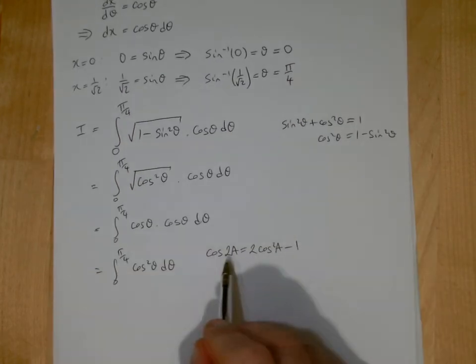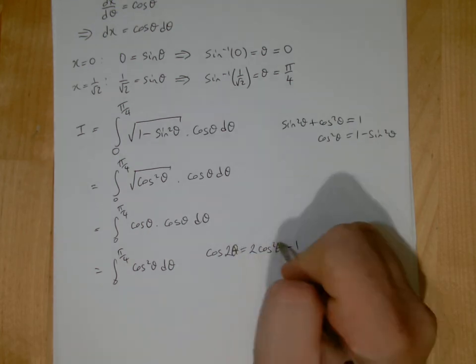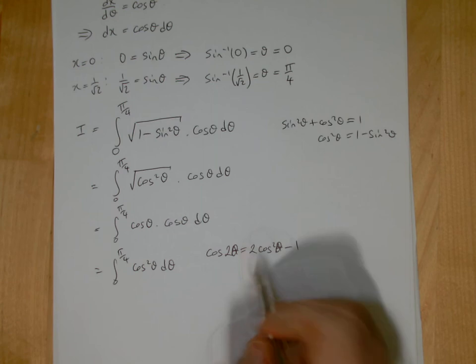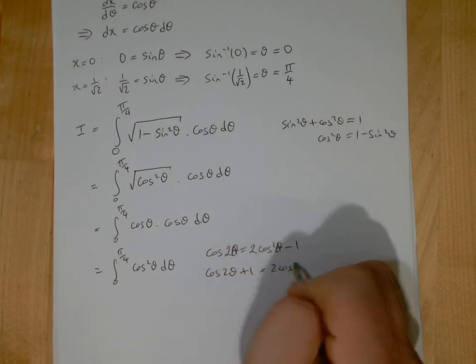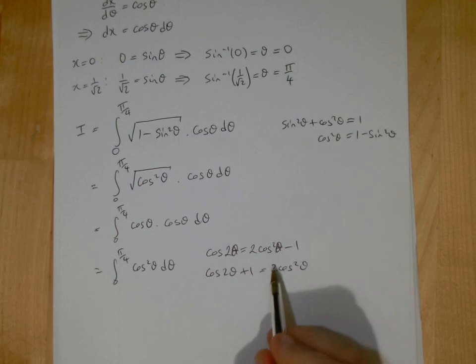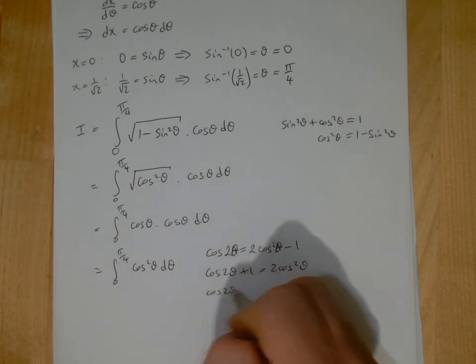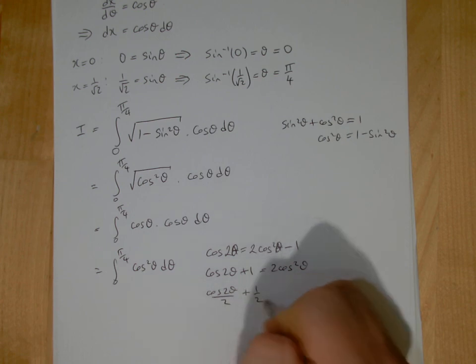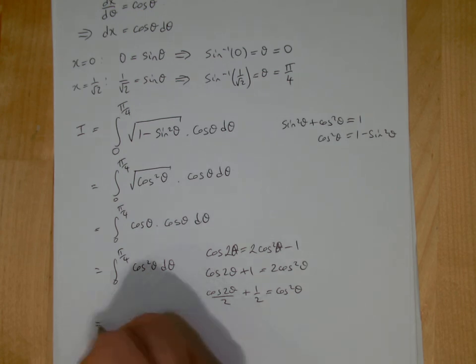In this case, of course we're going to use theta, so I can change that to theta. You just take the 1 over, so cos 2 theta plus 1 is 2 cos squared theta. And then divide by 2. So cos 2 theta divided by 2 plus 1 divided by 2 is equal to cos squared theta. So instead of integrating cos squared theta, I can integrate this.